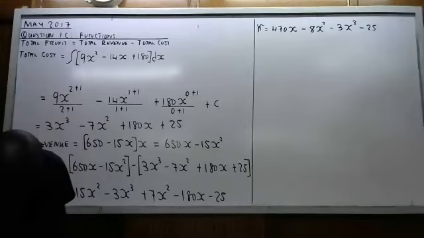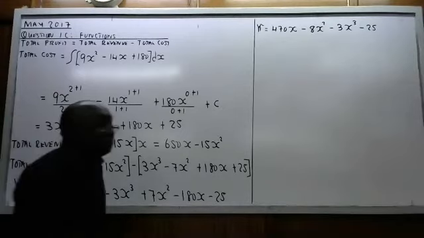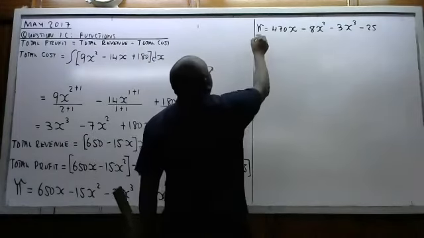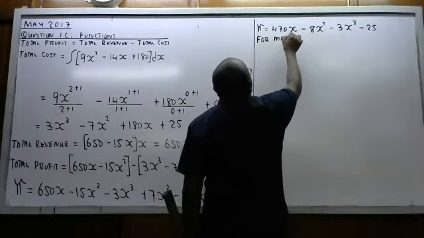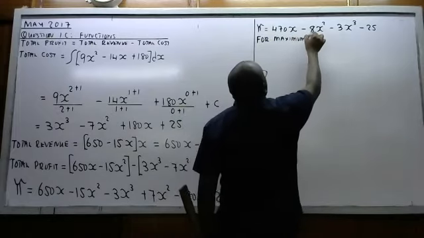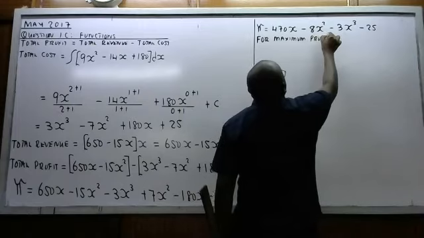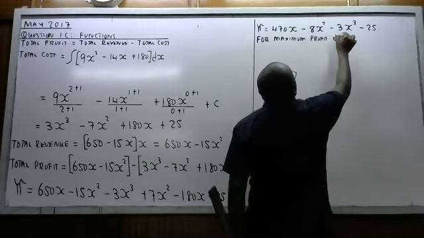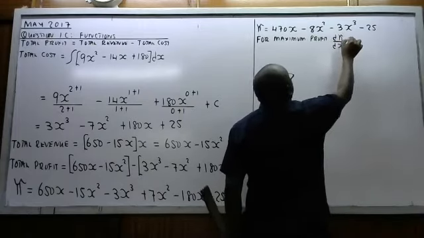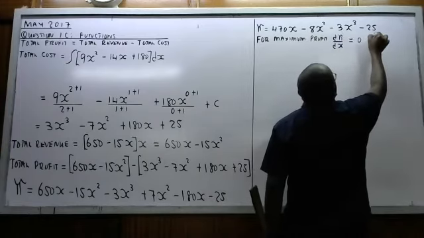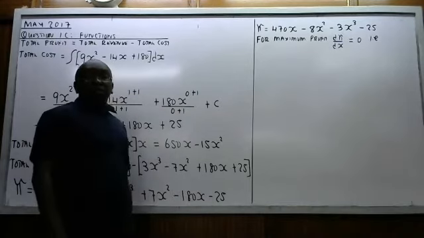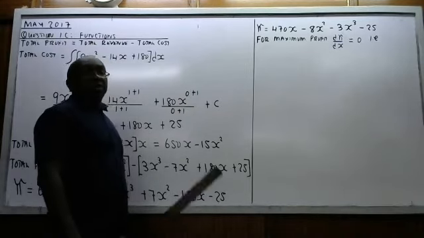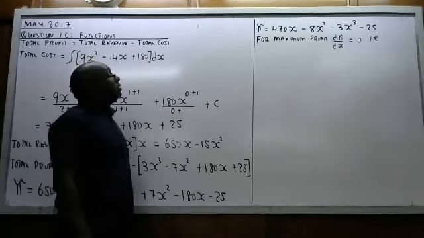The question asks for the output that will maximize profits. So for maximum profits, the differential of pi with respect to x should be 0.